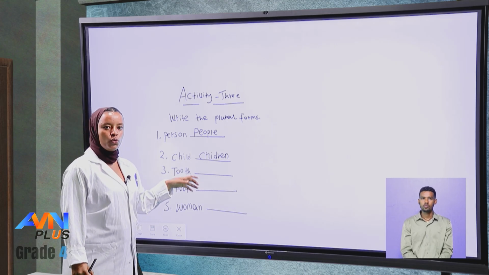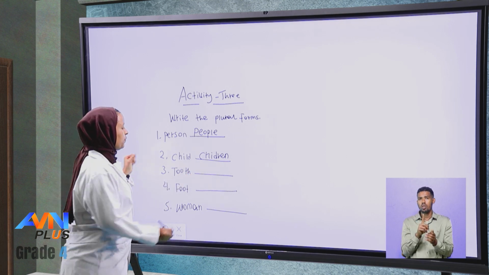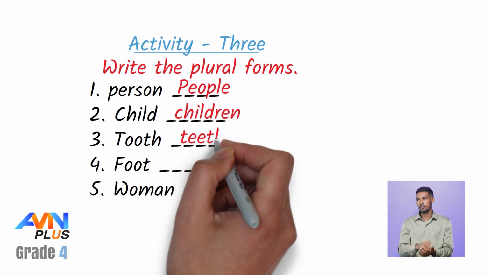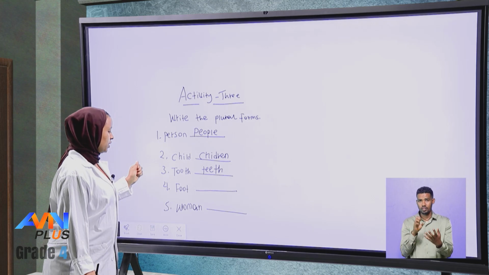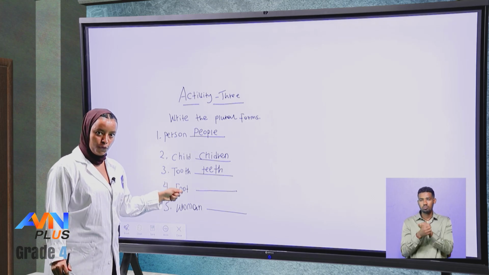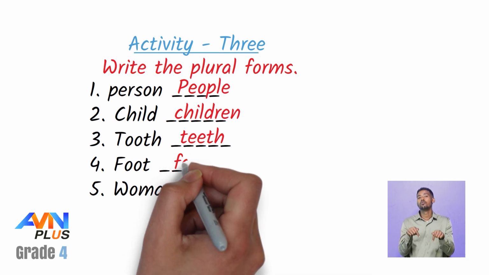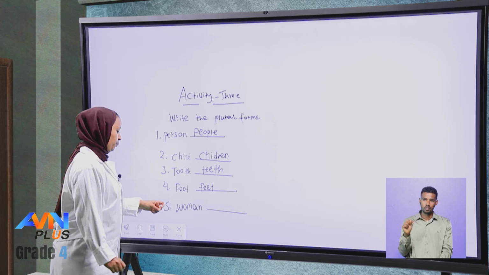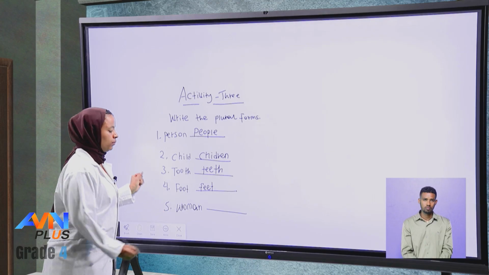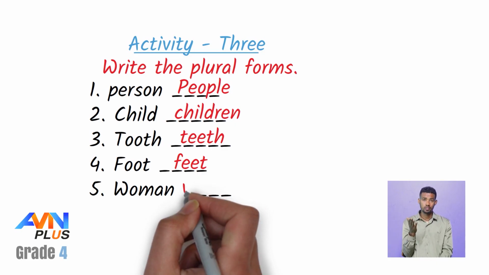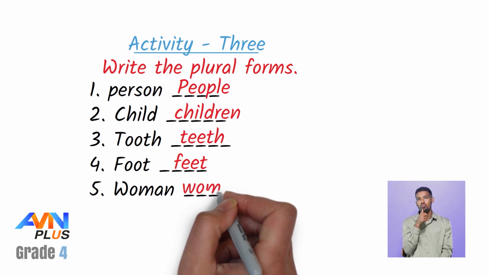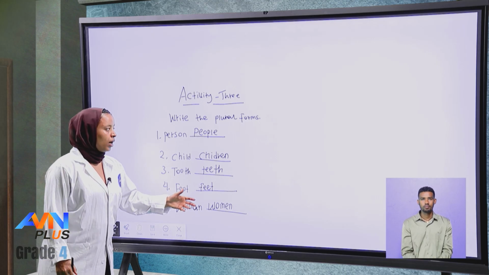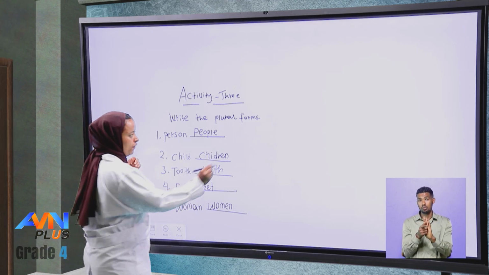Tooth, with what? Teeth. Here is foot, feet. Here is woman, women. Woman, women. There are some examples like fish.